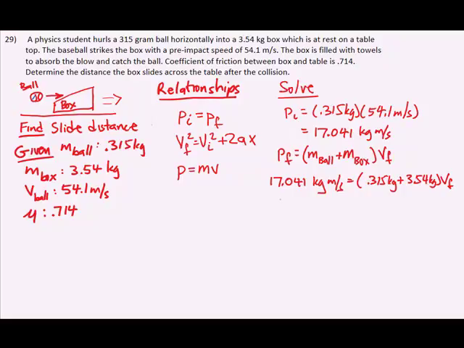A little bit of algebra tells us that our final velocity is going to be equal to 17.041 kilogram meters per second divided by that mass, 3.855 kilograms.